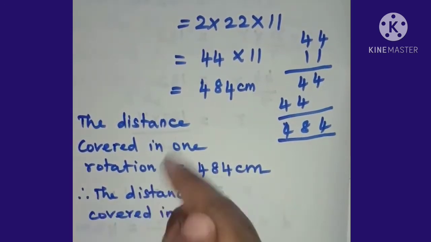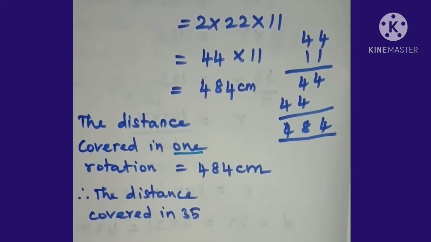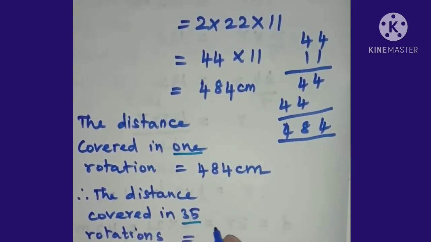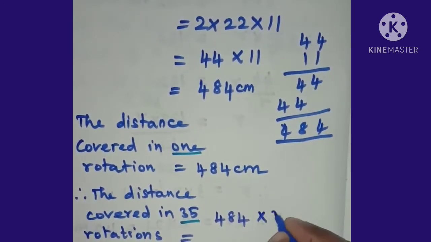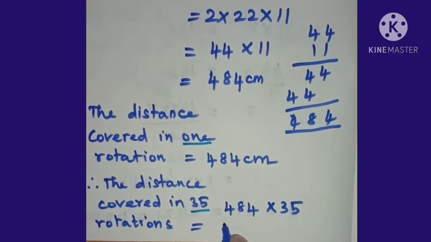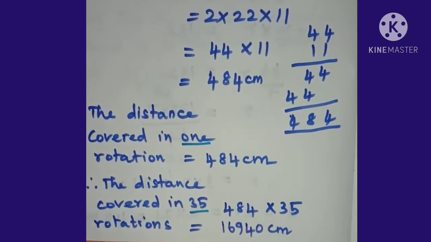So we have to multiply 484 with 35. 484 into 35 is 16,940 centimeters.